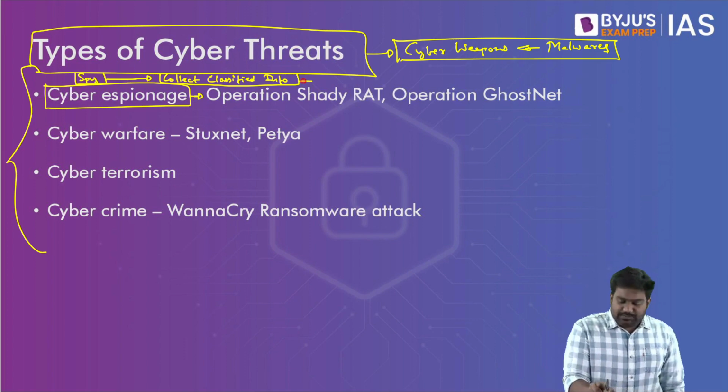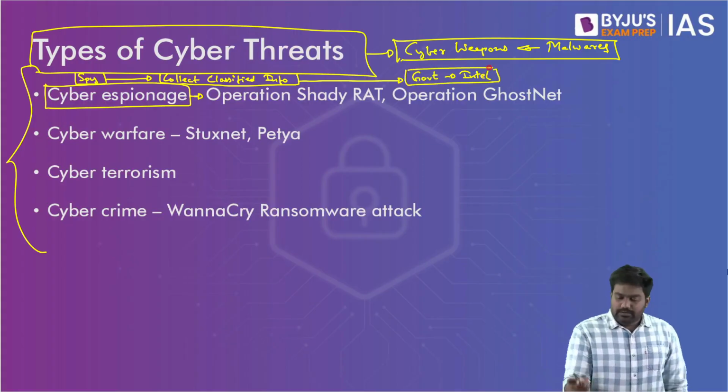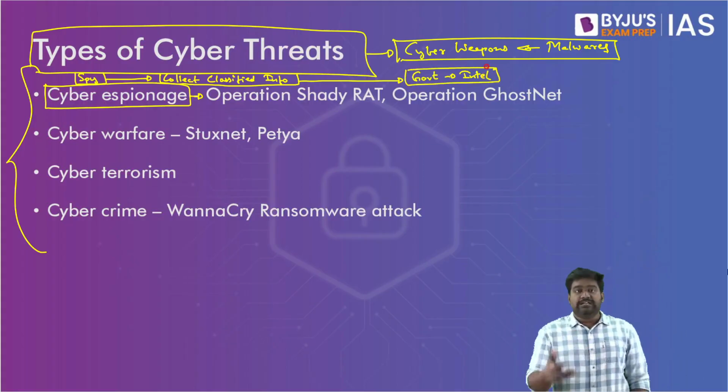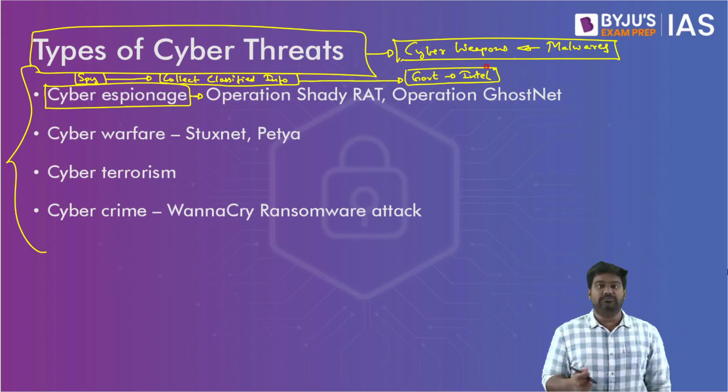See, cyber espionage need not just be done by governments and intelligence agencies. Of course, they are the primary sources, right? Hostile governments, through their intelligence agencies, might mount cyber espionage campaigns to spy on other governments, to collect secret classified information.